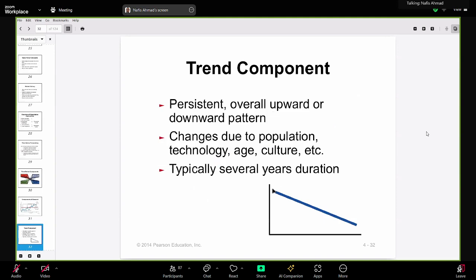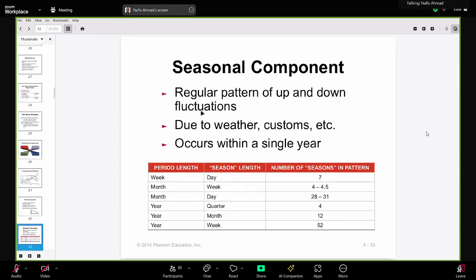So the trend component is like a straight line; it may increase like a straight line or it can decrease. For the seasonal component, there are many different types of seasonal periods: weekly, monthly, yearly. Say, for example, Friday is the weekend.